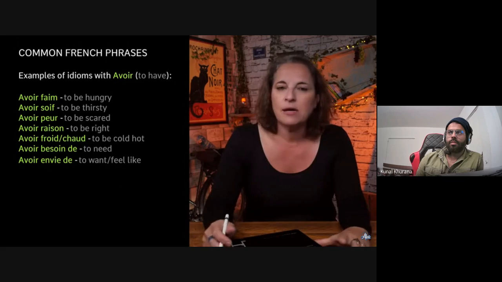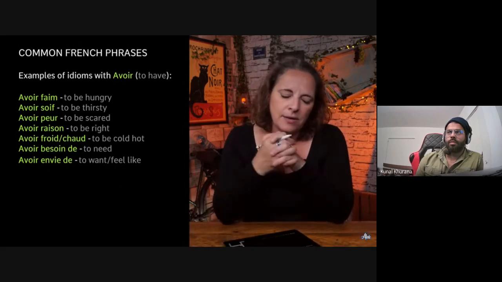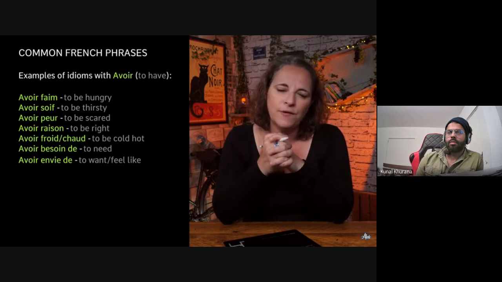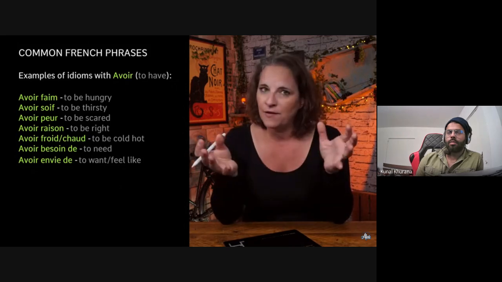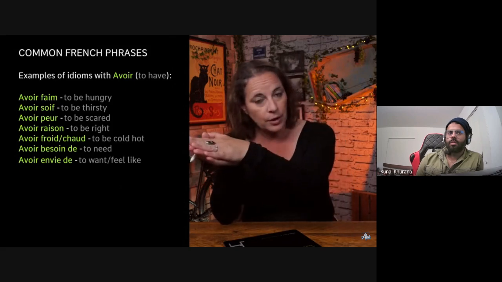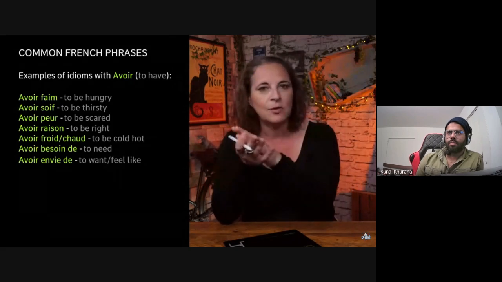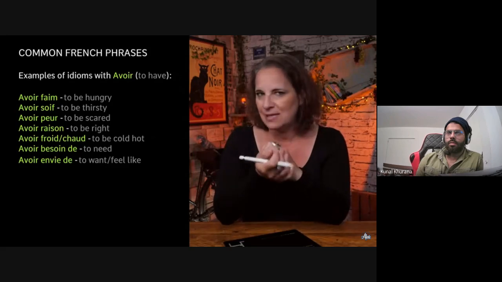Now let's have a look at some common French phrases. Let's start with some phrases with the verb avoir. Now, avoir on its own means to have. But when it is put with another word, not any words, but some words, it means something different.